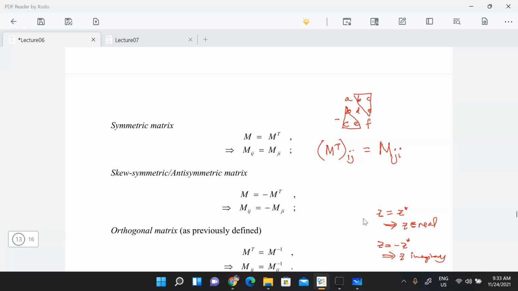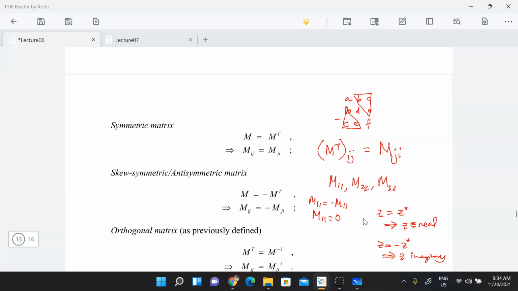Now it's interesting to do the diagonal case. So the diagonal case is M11, M22, and M33. But if I set, let's say, M11 equals minus M11, and then you do the rearranging of this equation, then you find that your M11 has to be equal to 0.